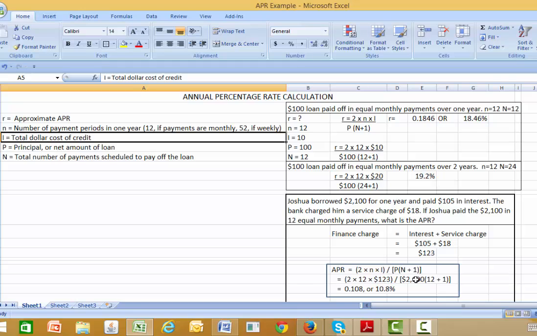Divided by the principal, which is 2,100, times 12, because it's 12 payments over 1 year. So the response, or the answer, is 10.8%. I hope this makes sense to you guys, and if it doesn't, please send me a question.